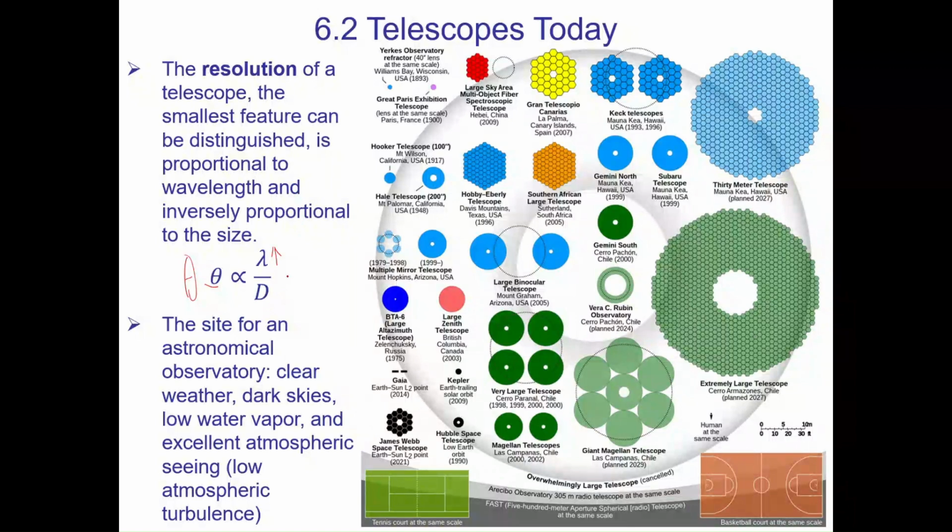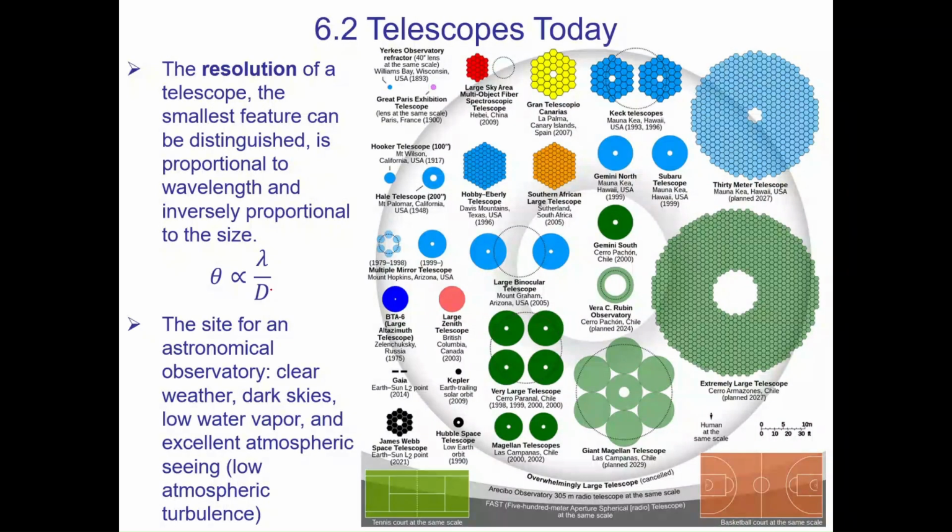If we only focus on the optical telescope, the telescope that looks at visible light, there's not a lot we can do with the wavelengths, because whatever wavelengths the starlight brings are what we need to observe. The only thing we can do is try to manipulate the size of the telescope in order to improve the resolution.